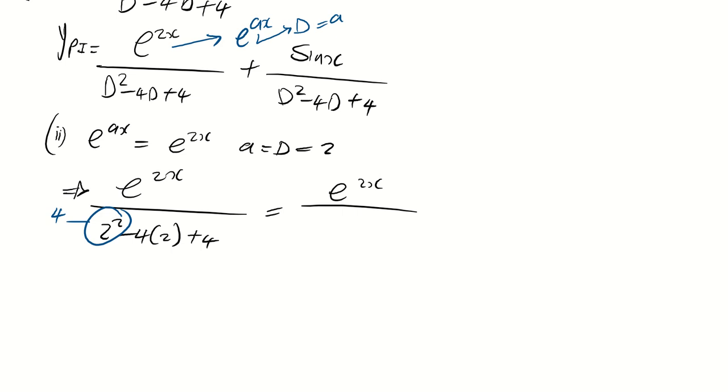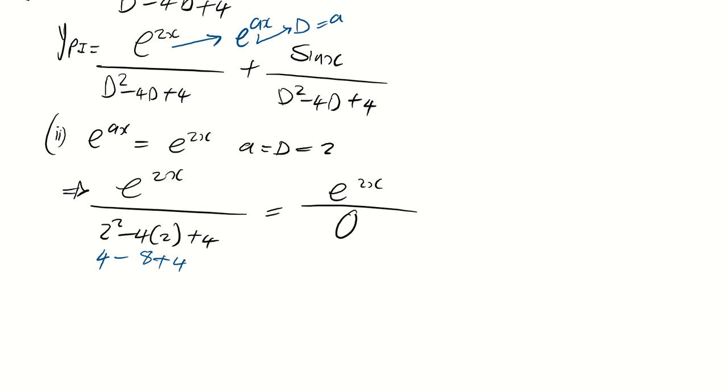As you can see here, we'll get something interesting. You will get undefined here, meaning you will have over 0. Over 0 means it's undefined.